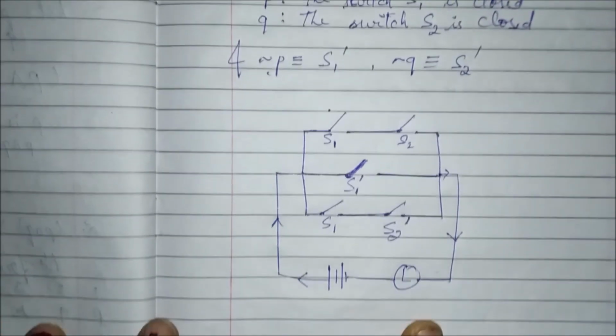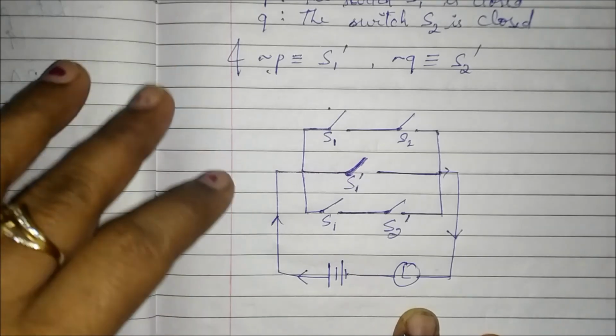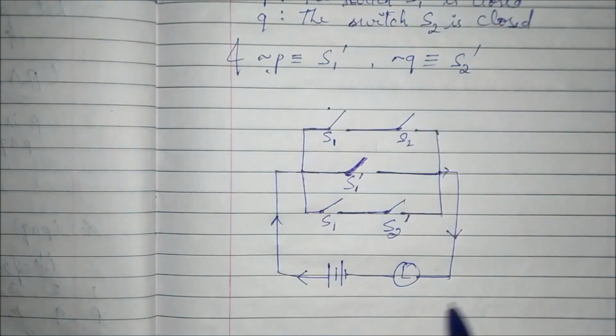So this is our switching circuit diagram for the statement pattern P and Q or not P or P and not Q. Okay. So this is the answer.